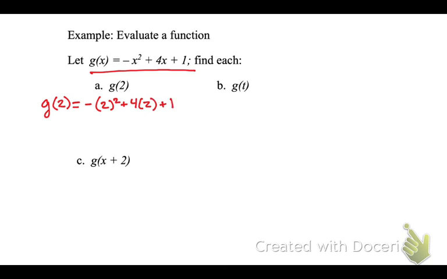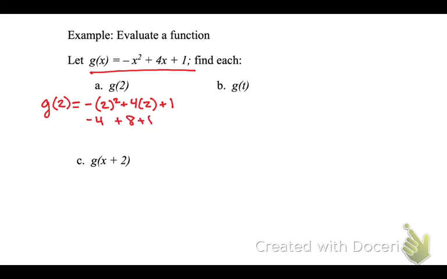Use your parentheses. If you do not, I guarantee half the time you'll mix up your negatives. Because this isn't negative 2 squared, is it? It is 2 squared times negative 1. Without those parentheses, you tell me the answer is 4. The answer isn't 4, it's what? Negative 4. So I have negative 4 plus 8 plus 1.